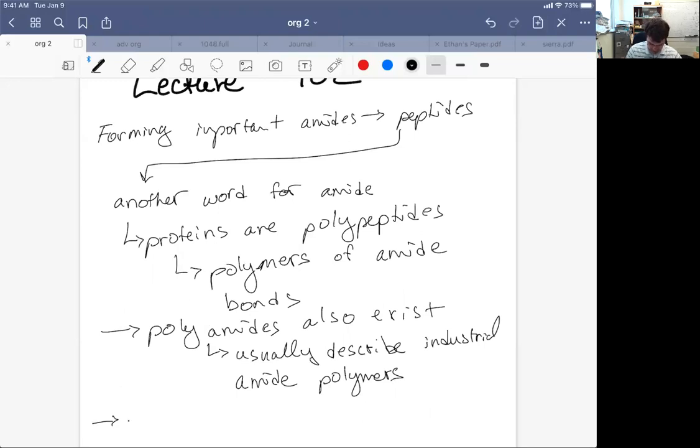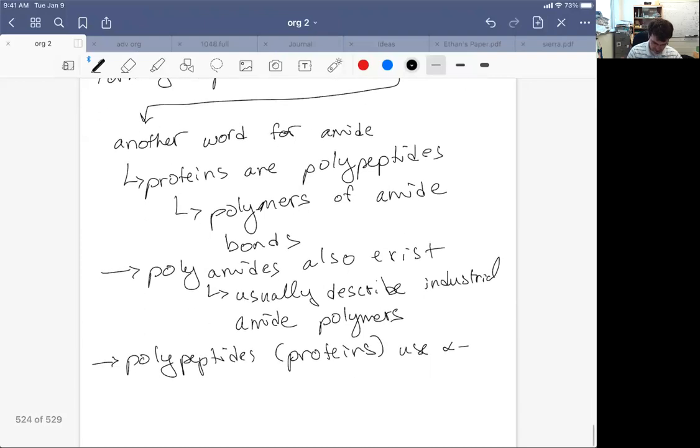So polypeptides, which again, the term is protein, use alpha amino acids as monomers.